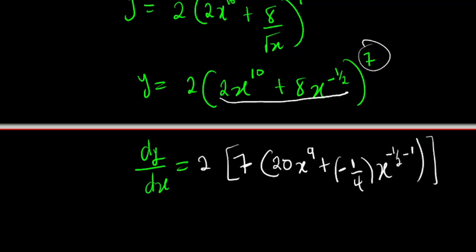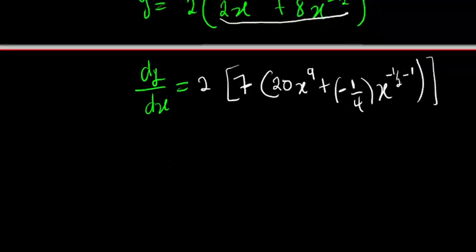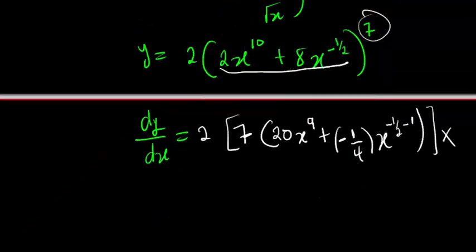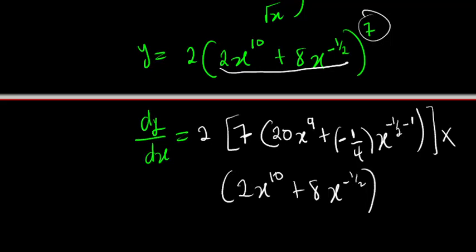Then multiply by everything that we have here; you now rewrite everything back, and then subtract 1 from the 7.